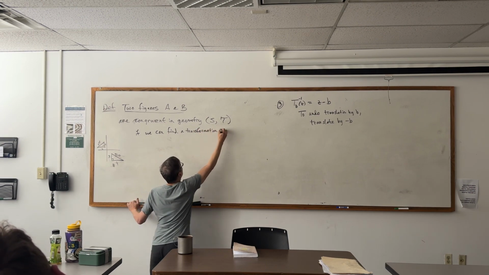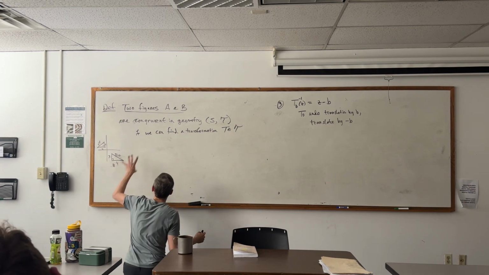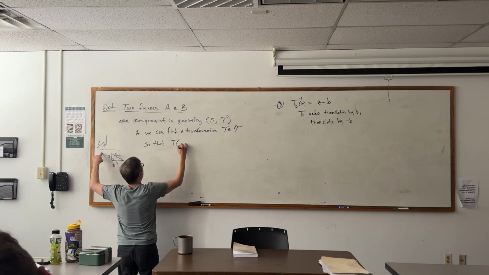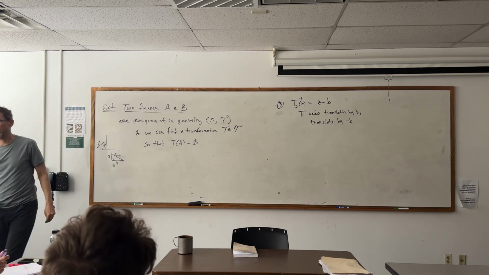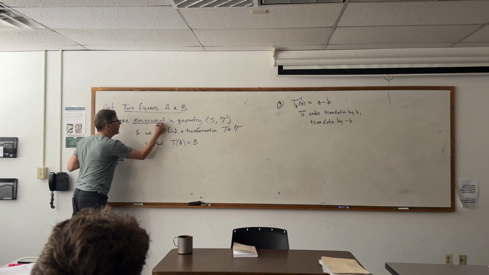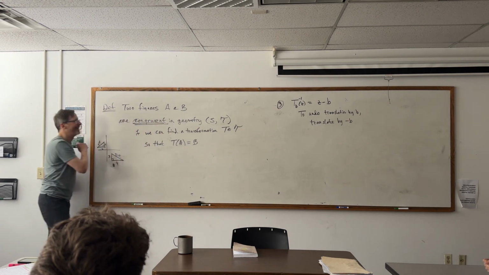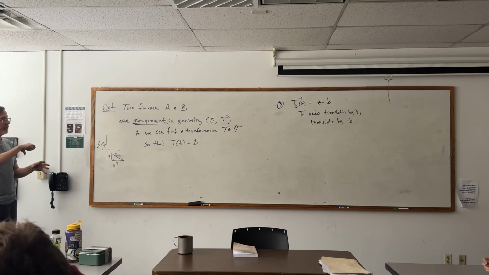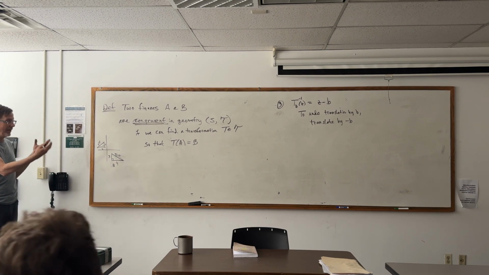Transformation T in our group of rules, we can find a rule, a legit way to move things around so that T of A lands us on B. So that is what congruent means, the thing I'm trying to define here. I just need a rule that lets me turn one into the other. That's all that means. Very mathified, very fancified.